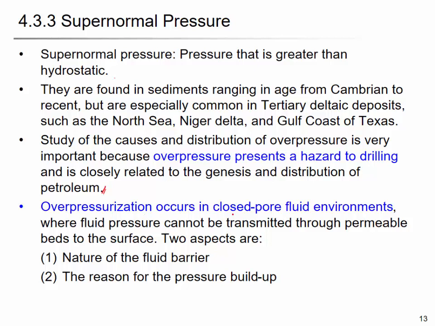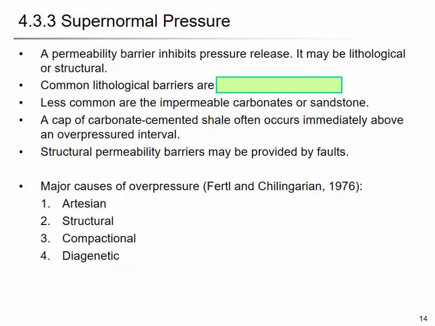So an overpressure zone occurs in a closed pore fluid environment, where fluid pressure cannot be transmitted through permeable beds to the surface. Two aspects are the nature of the fluid barrier and the reason for the pressure buildup. A permeability barrier inhibits the pressure release, and may be lithological or structural. Common lithological barriers are the evaporite and the shale.